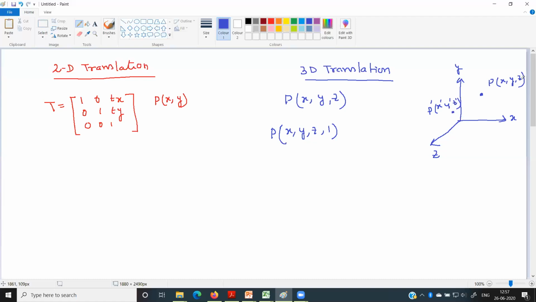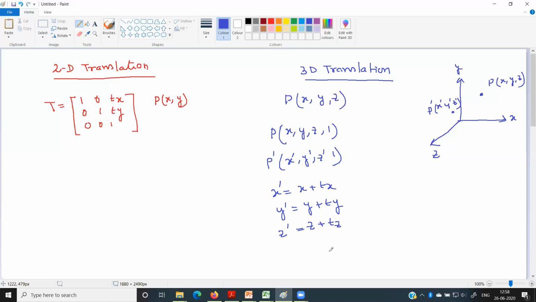Similarly, to translate Z to the Z dashed position, we have to add the translation amount Tz to Z. So we can say, if P dashed is the new translated point, which is X dashed, Y dashed, Z dashed and 1, then X dashed is X plus Tx, where Tx is the translation amount along the X direction, Y dashed is Y plus Ty, and Z dashed is Z plus Tz.